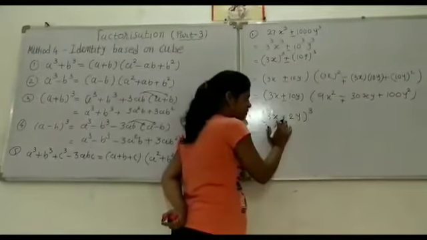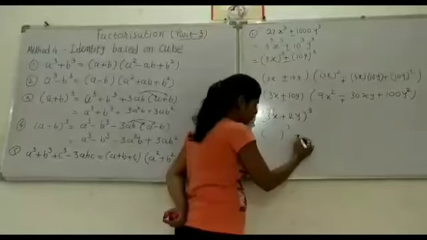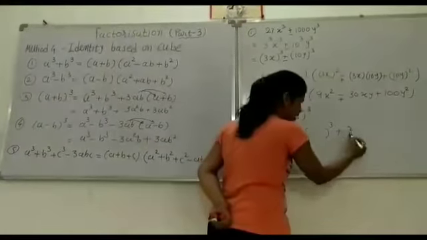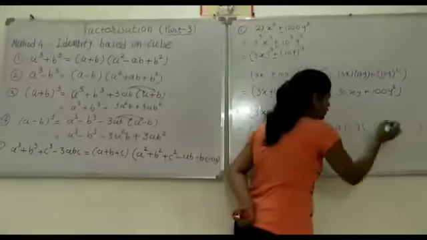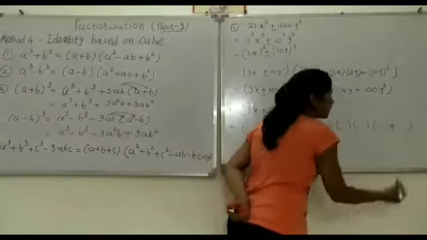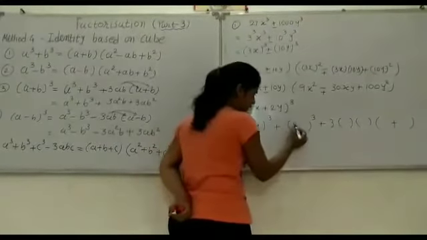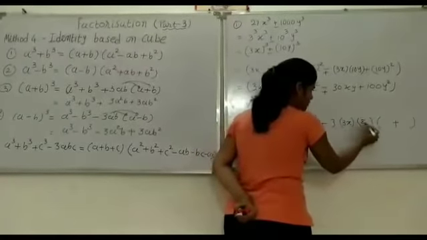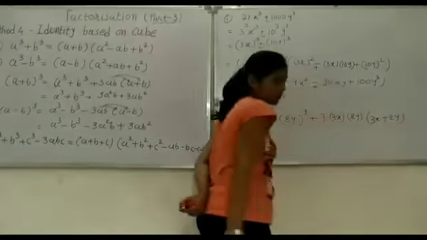First plus second whole cube: first cube plus second cube plus 3 times first and second in bracket, with whatever operation is here, plus. So first is 3x, second is 2y, in each place.